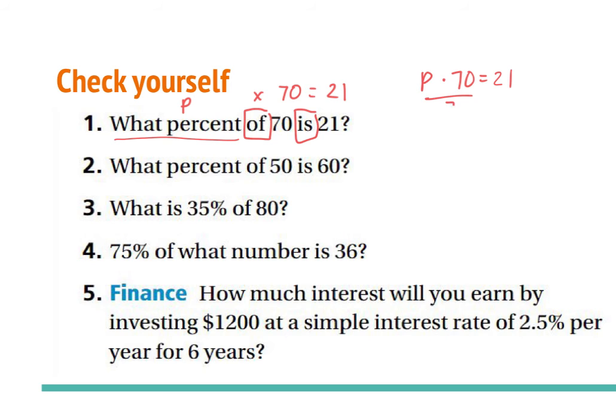All we have to do is divide by 70 on both sides. And we're going to get P equals 21 divided by 70, which is 0.3. In order to change that into a percentage, you have to multiply by 100 or move the decimal place over twice. So we get 30%.